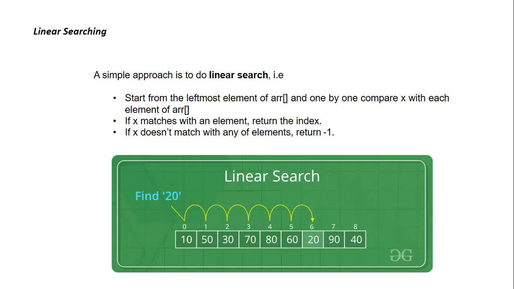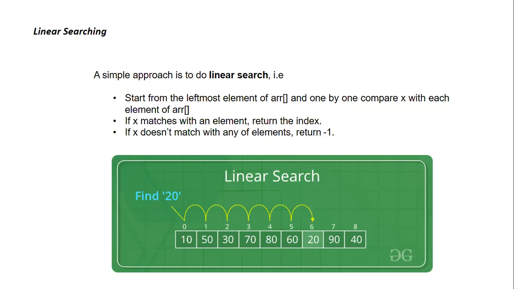Each and every memory location is going to store a data. Here in this example, there are 9 memory locations, and in each memory location one data is there, so totally 9 data are there. Out of these 9 data, we need to search one element, whether that element is present in the particular array or not.